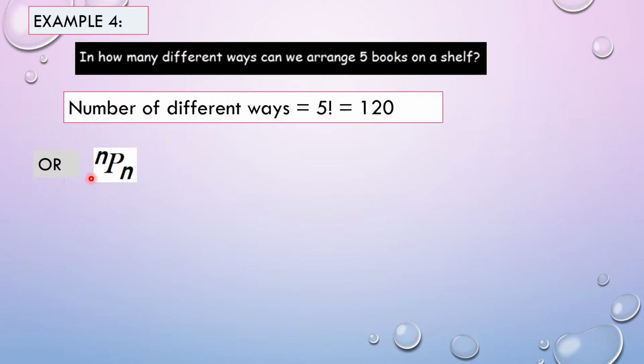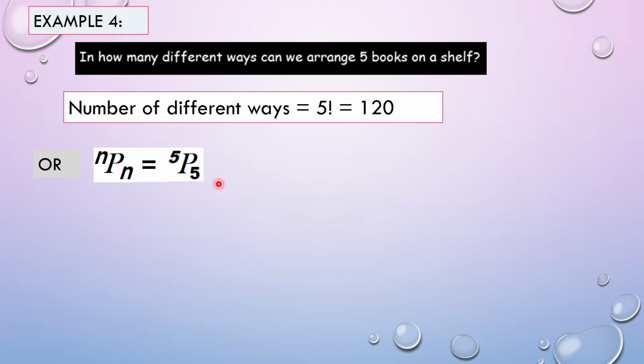Or by using nPn. That means now we have n books. We are going to arrange all the n books. So now here we have 5 books, arrange all 5. So it can be written as 5P5. So take your calculator, press the number 5.